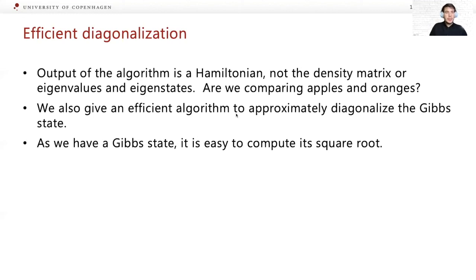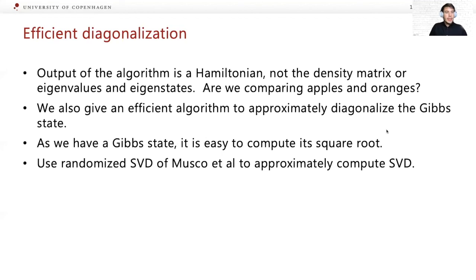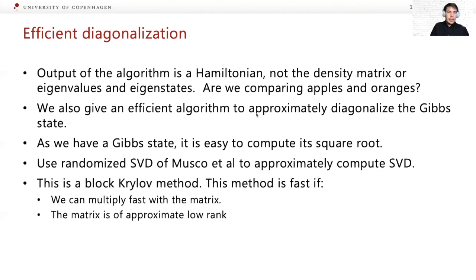And it's based on the observation that if you have a Gibbs state, then it's quite easy to compute its square root. You just take the Hamiltonian and write 1/2 in front of it. And then there are randomized singular value decomposition algorithms, such as the one by Musco, that we can then use.